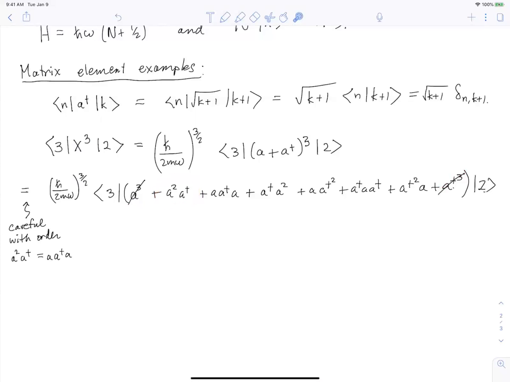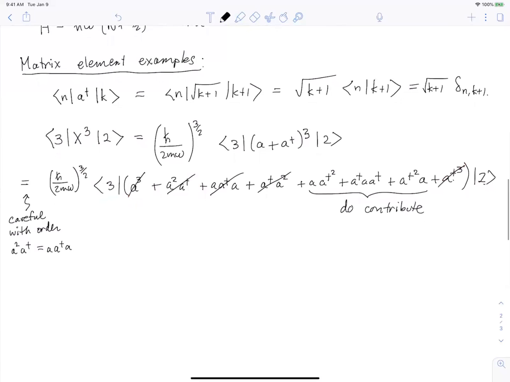How is that? That's because you have 2 quanta, you act and you make 3 quanta, you get a state with 3 quanta, but then you destroy 2 of them. That gives you 1 quanta, and the overlap with 3 is also 1. So this goes away. And similarly, anything with 2 A's and 1 A dagger just goes away. And so we're left with only 3 things that do contribute. Okay, and so this is now something that you do have to calculate, but it's relatively easy.